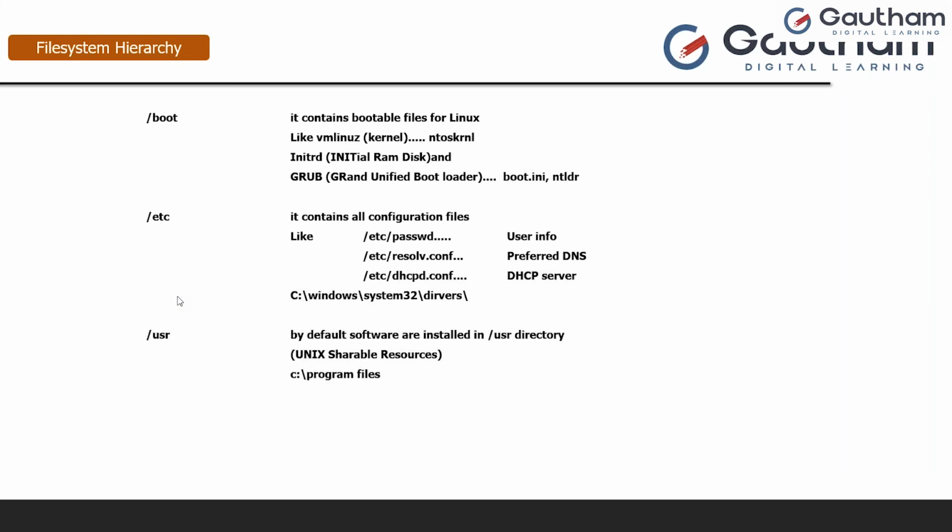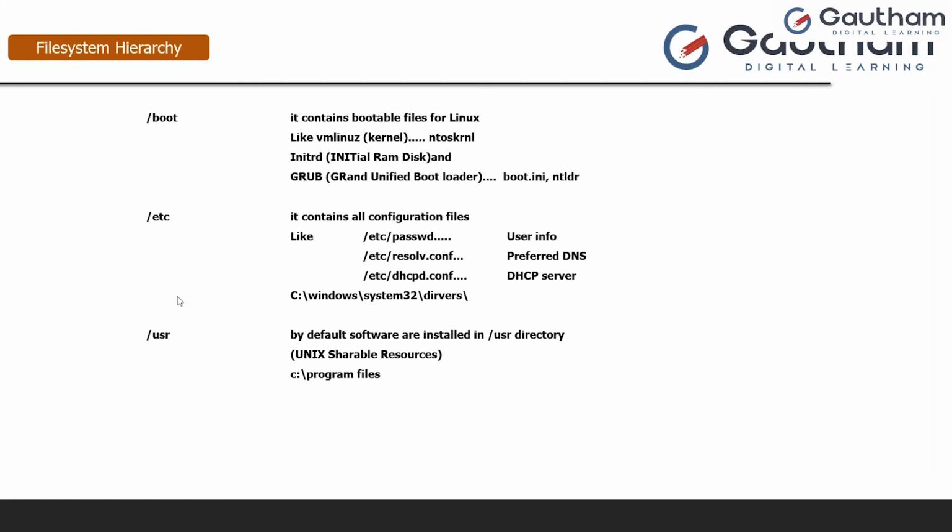Then moving forward, you have USR. When I say USR, some people pronounce it as user. There is nothing wrong in pronouncing it user, but it sometimes gives a wrong impression in your mind. When I say user, the first thing that comes to your mind is it might contain something related to the user, isn't it?